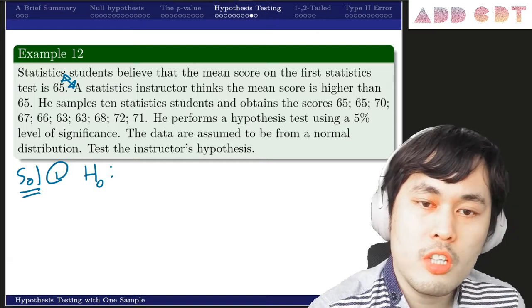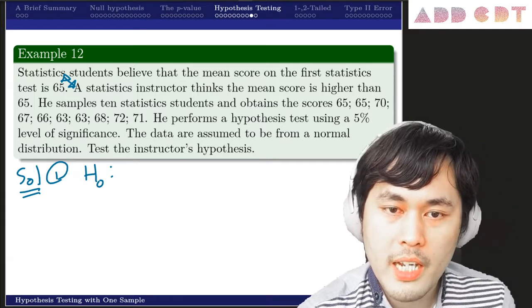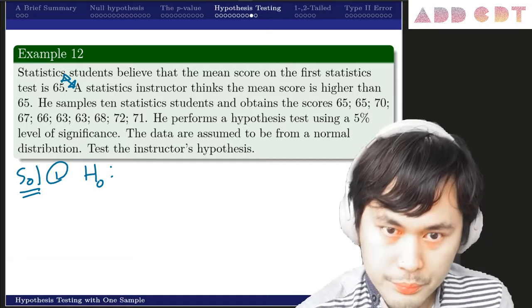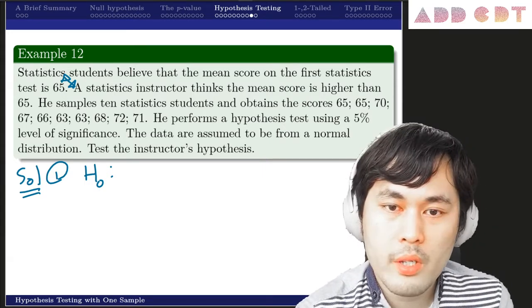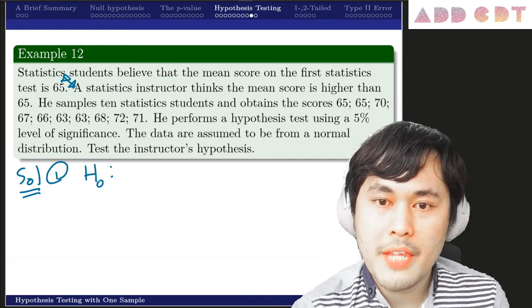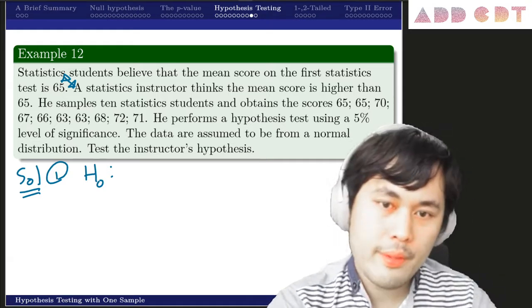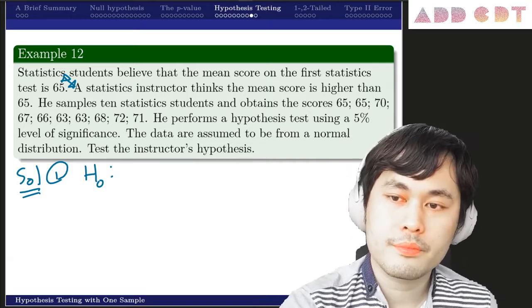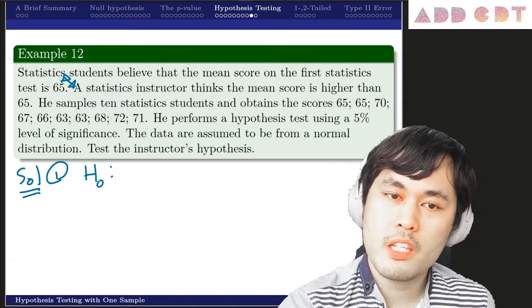The way you set up the null hypothesis is, you can do it either way. You can start with your belief, or you can start with the students' belief. Just make sure you start with one.